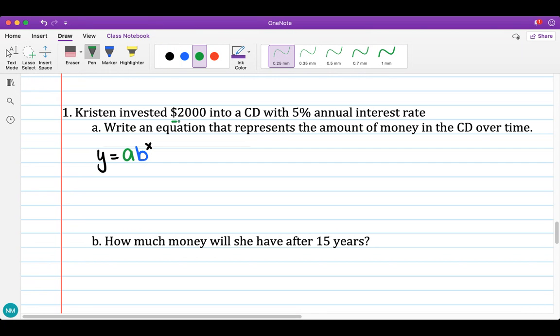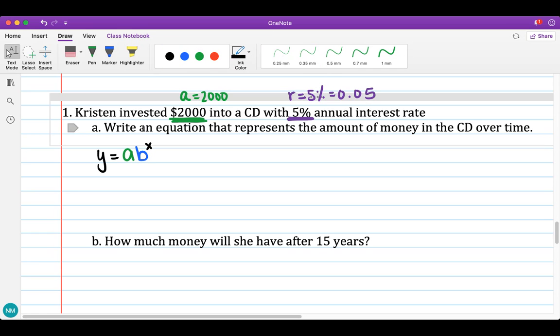Well, we know our initial value here is 2,000. So there's my A. And then I know my R is going to be 5%, which is equal to 0.05. So A is 2,000 and R is 0.05.